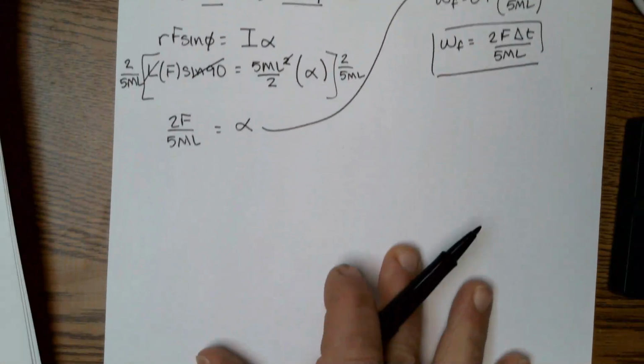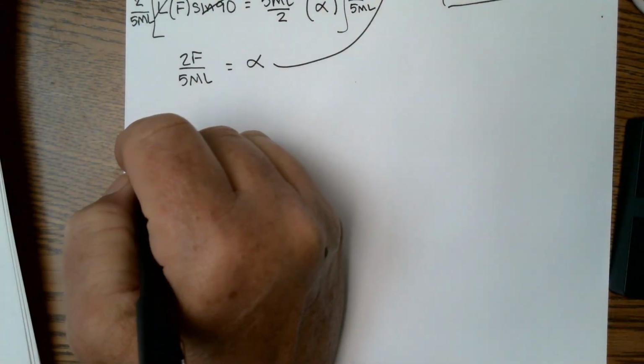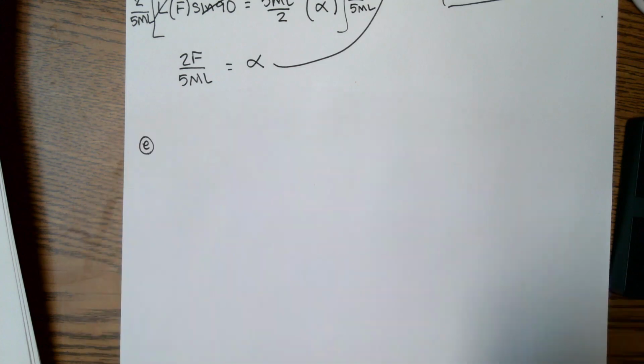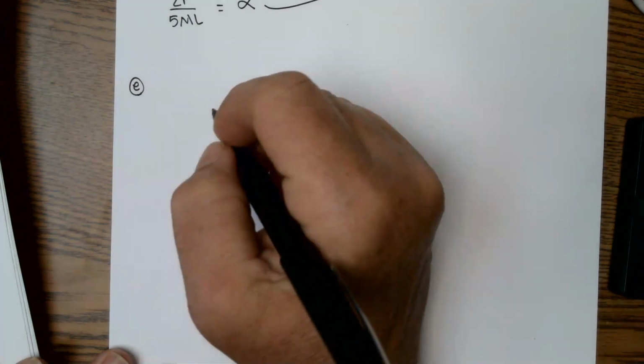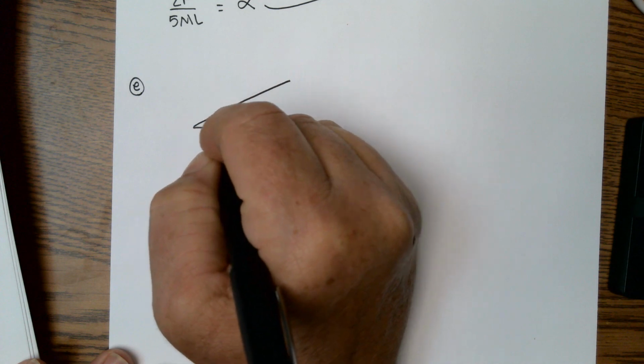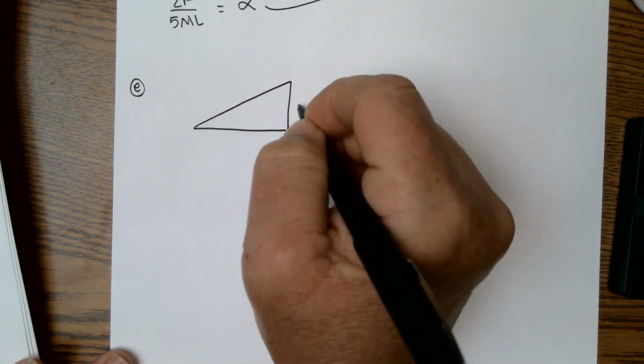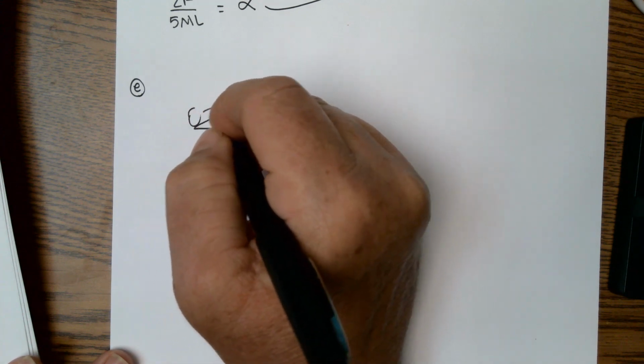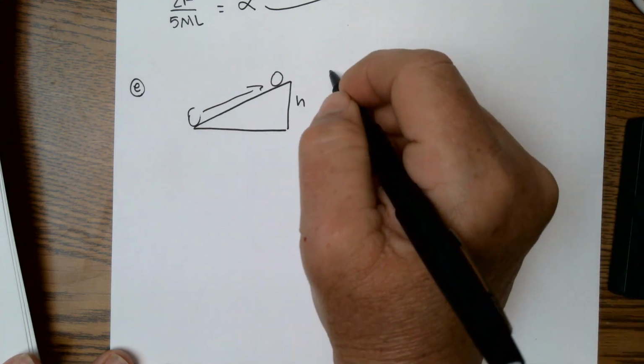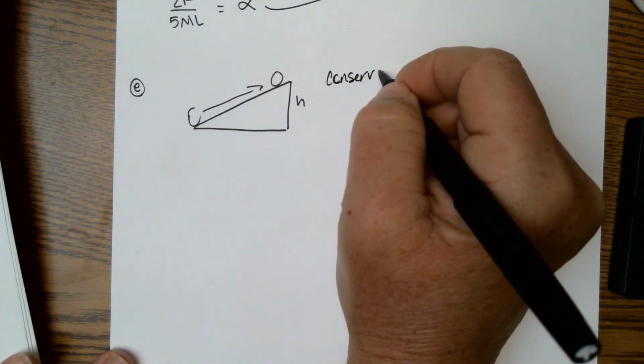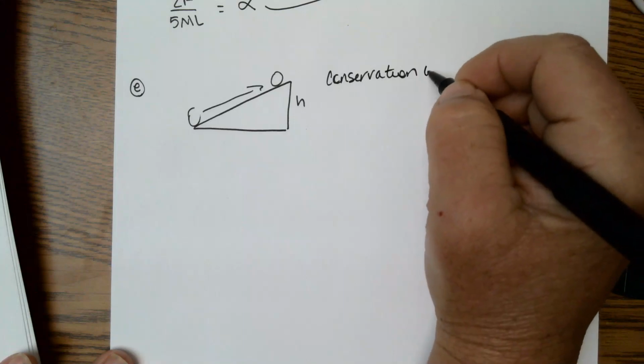So they want to know the height that this hoop is going to get to. Well, when you're dealing with anything that goes from down low to up high, or up high to down low, I'm going to use conservation of energy.